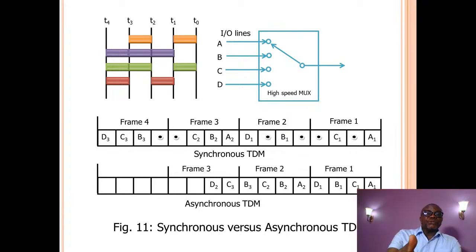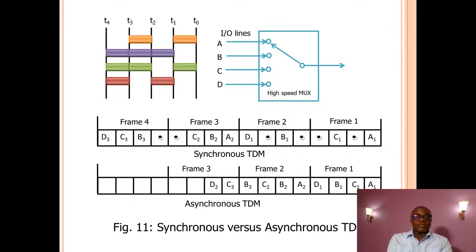Then it goes to C. It sees something. It calls it C3. It goes to D. It sees something. It calls it D2 because that is the second time it sees something in D. Now, if you look at frame 1, when it is using synchronous TDM, it has used 4 frames. But when it is using the asynchronous or intelligent TDM, it has used only 2.5.